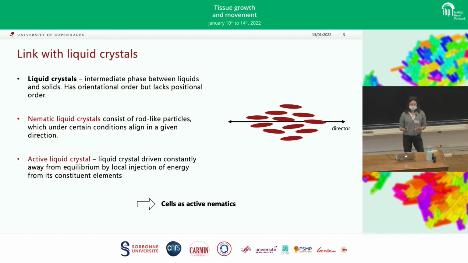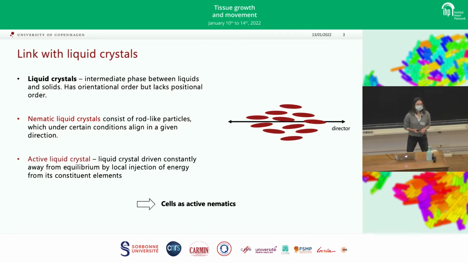These materials have orientational order, but no positional order, so no crystalline structures. And they can be subclassified further, and one type of liquid crystals are nematic liquid crystals. So essentially these are elongated rods that in certain conditions align in a given direction to create a nematic order. This is shown on a diagram.